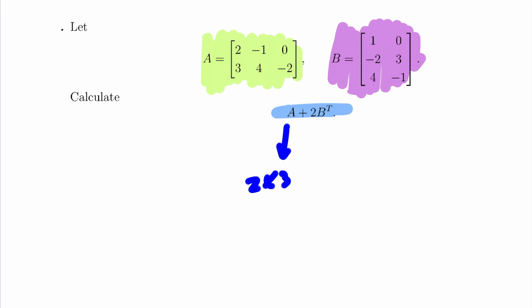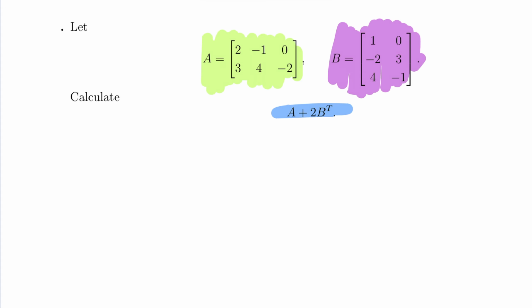Now, matrix B is a 3 by 2 matrix, so that operation wouldn't work. Like if someone were to ask you what's A plus B, you can't perform this operation because they're not the same dimension. But because we hit this with the transpose, this 3 by 2 matrix becomes a 2 by 3, and then in fact they are the same dimensions, so we can perform this operation. Let's go ahead and do that.